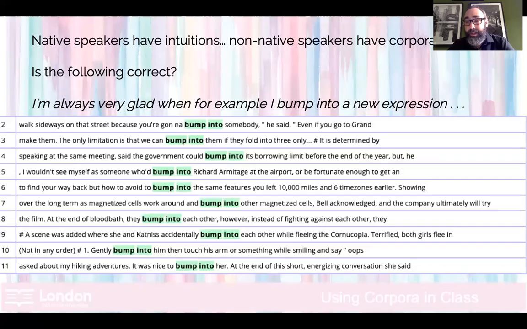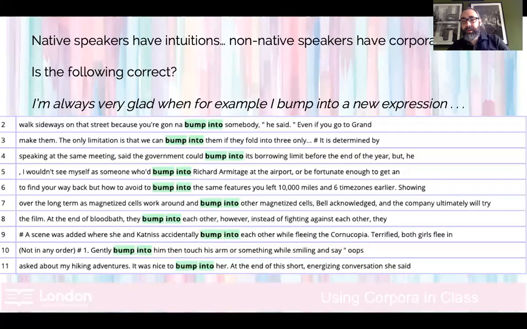But looking at the examples we have here from the corpus, and Maria says yes, okay. We see that, for example, you can bump into somebody: bump into Richard, bump into features, bump into each other, him, her.